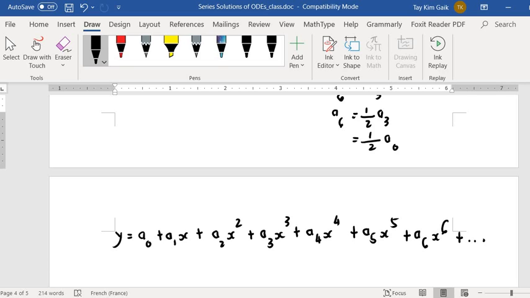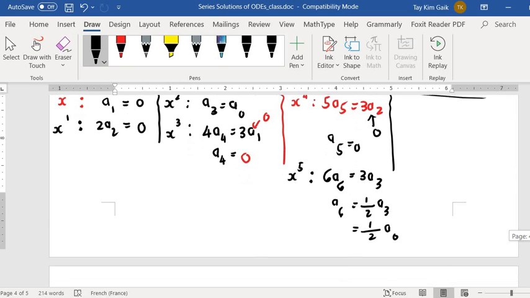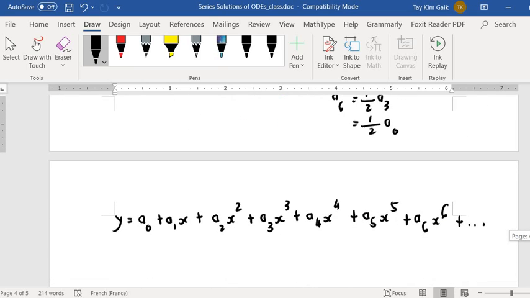If you continue, you notice the pattern: 0, 0, and then a3 has a value, and a6 has a value. If you go to a7, a8 will be 0, and then you can find your a9. So here we do up to a6.